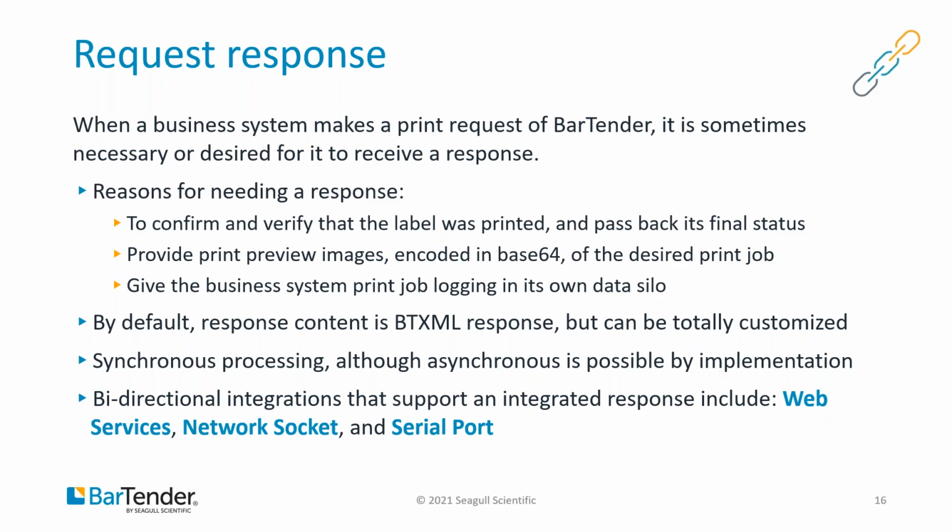Which of course takes us to the last one there, is if the business system wants to log these print jobs and print requests and print results in its own data silo. So rather than necessarily just have a print job log on the BarTender side of things, you can also have a print job log in the business system, the business software.